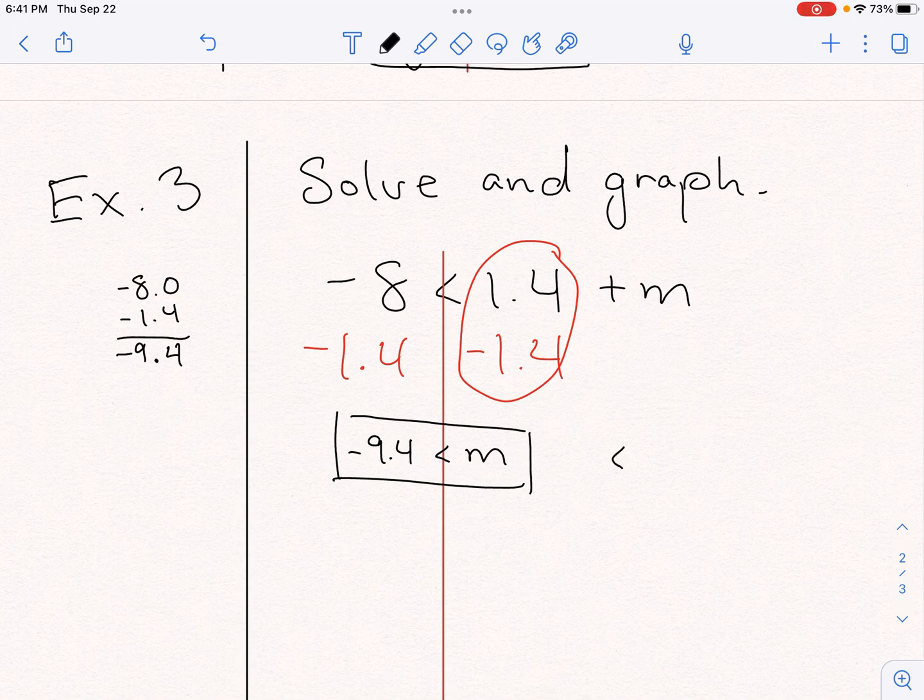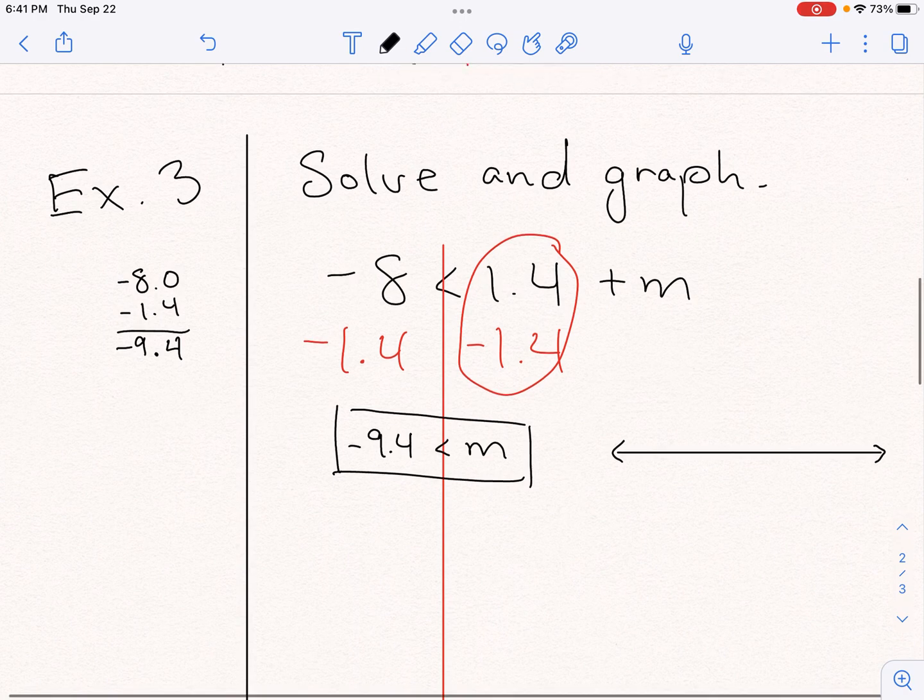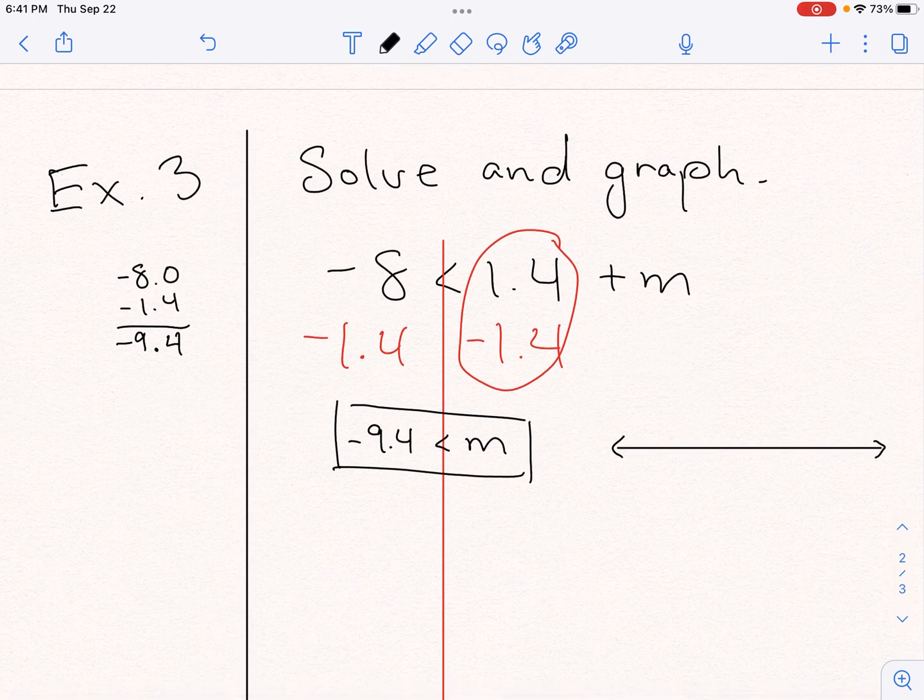Okay, so to create the number line here, I'm not going to start at 0. Let's start at negative 9.0, and let's go by increments of tenths.